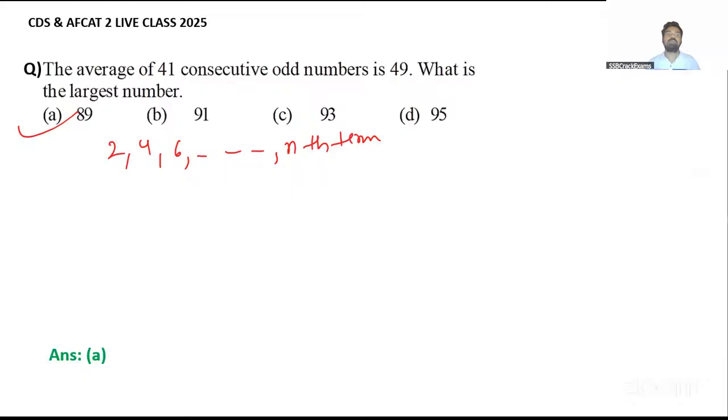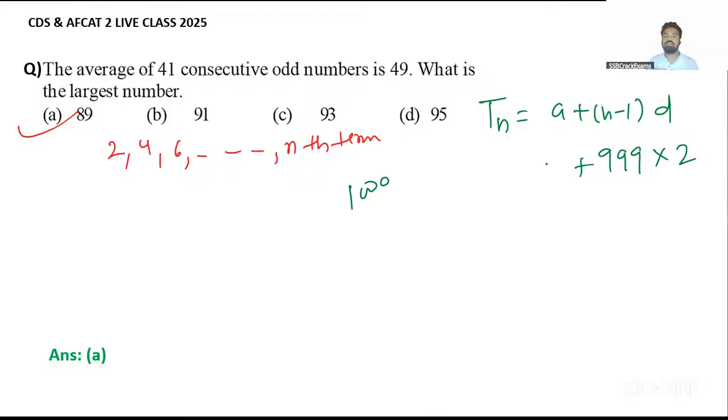For that purpose, we have a formula: Tn is equal to a plus n minus 1 into d. For the 1000th term, n will be 1000, so put 1000 here, and n minus 1 is 999. The common difference is 2, and the first term is also 2. Then you can calculate the 1000th term from here.